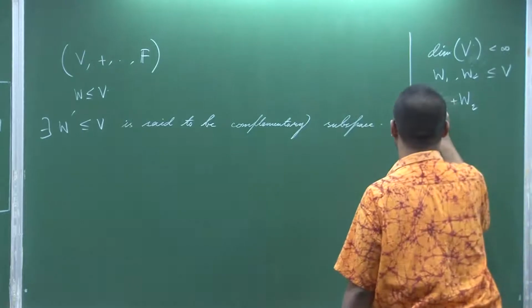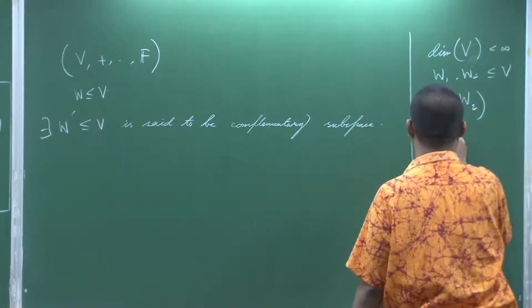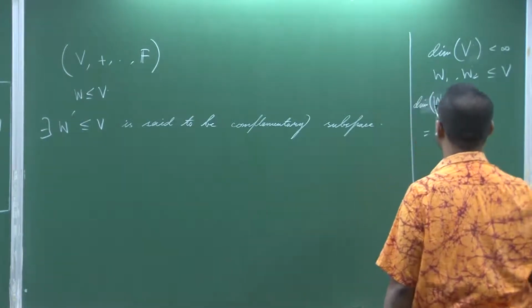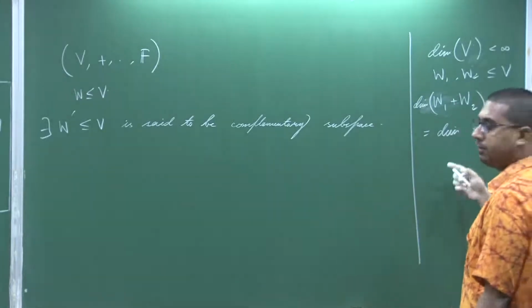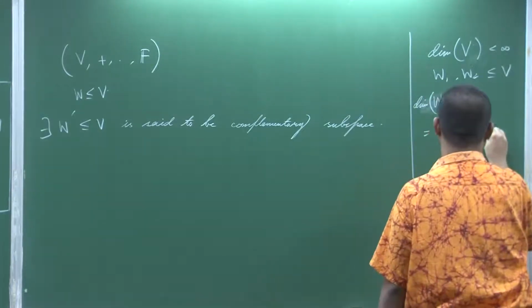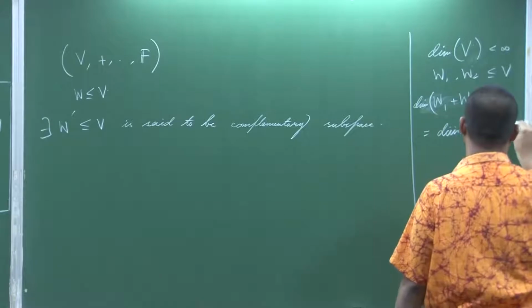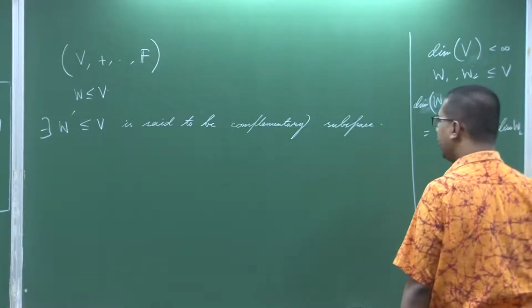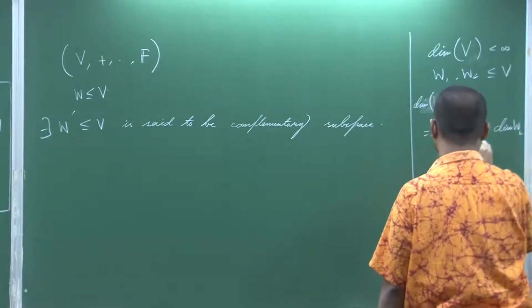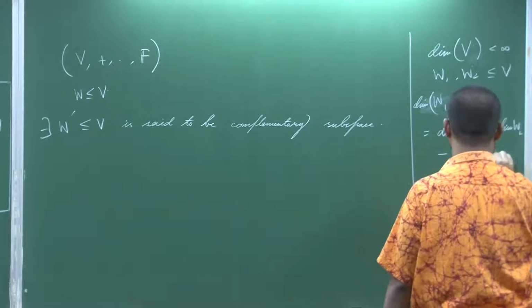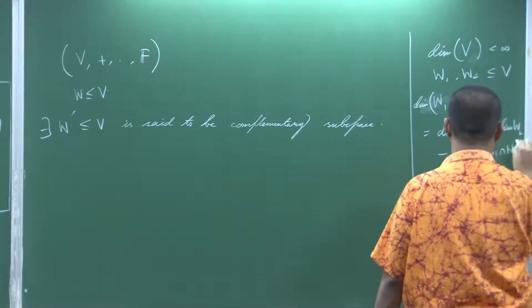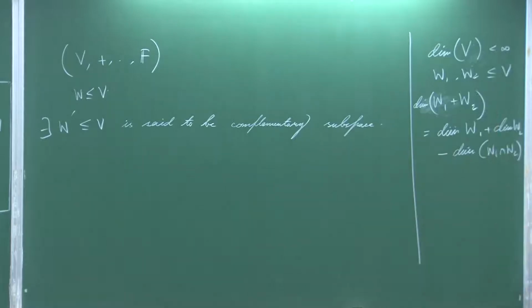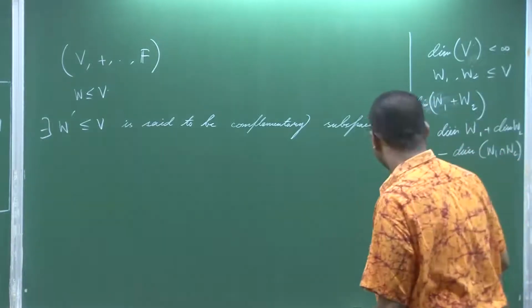This is what we call the sum of the vector spaces. The dimension of the sum is not the sum of the dimensions, because we need to subtract the dimension of the intersection. This is what we have already proved.